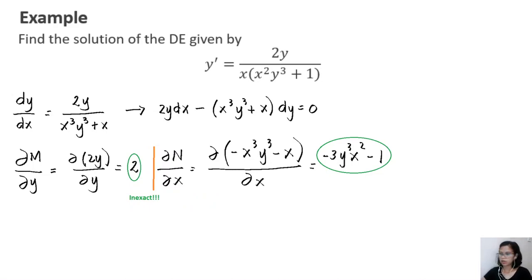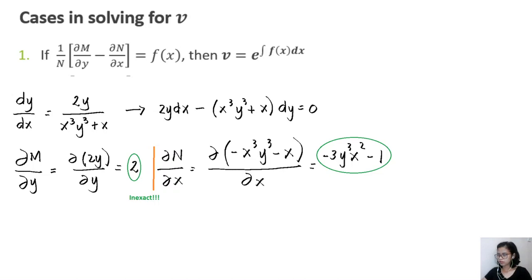Okay, so we will recall, so that is (∂M/∂y − ∂N/∂x)/N. Let's try to see if all the variables that will be present will be x.